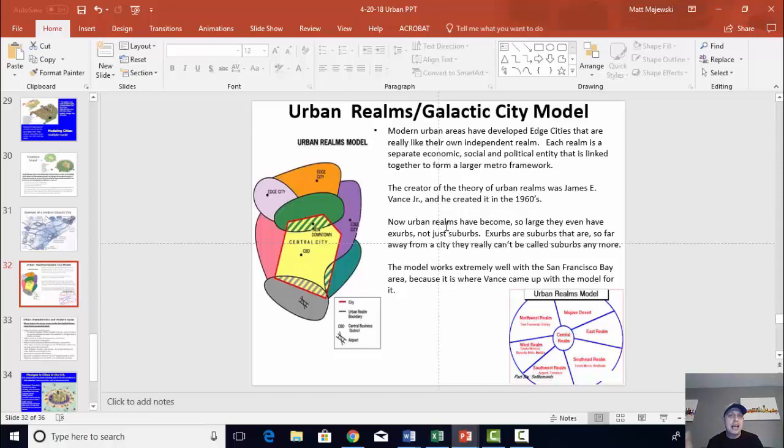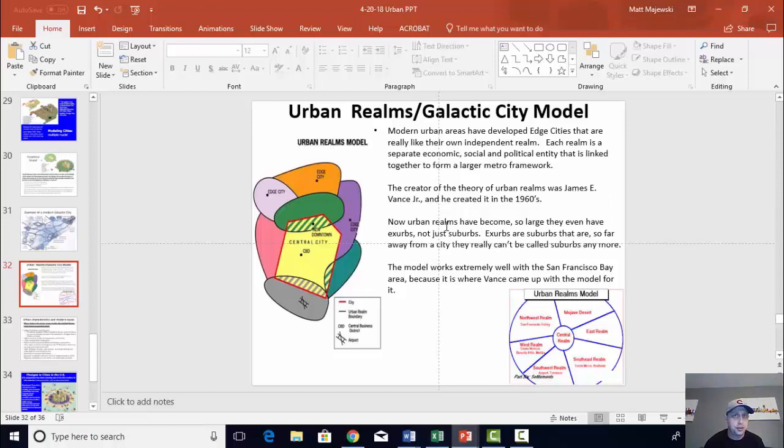Since these are suburbs that are developed around the edge city, they're edge suburbs, and we call them exurbs. So literally, it's like your suburbs are developing suburbs, and your edge cities are developing suburbs, and it gets to the point where each of the edge cities is so large and significant itself that it's no longer dependent or necessary for it to be connected to the central city any longer.